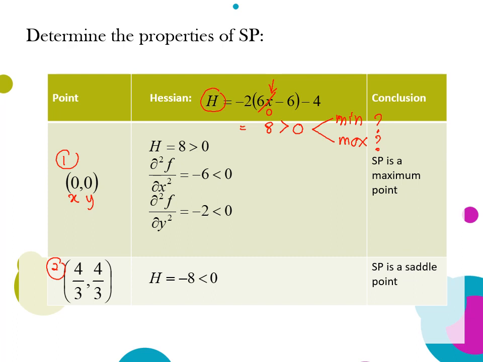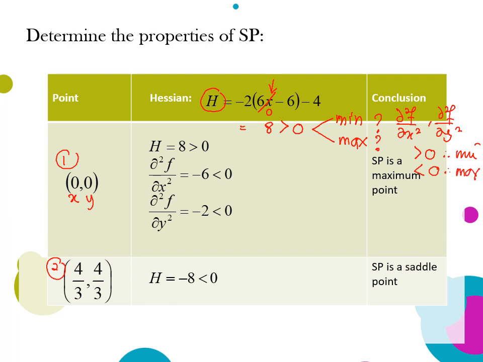To conclude, we need to test for the del squared f del x squared and del squared f del y squared. If they are greater than 0, then it is minimum. If they are less than 0, then you can conclude that it is maximum.